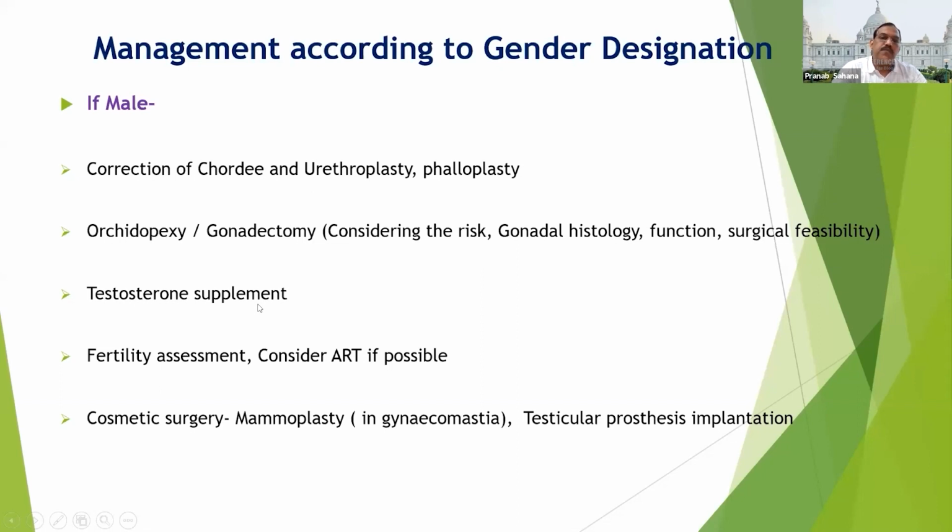Testosterone supplement is to be given if there is hypogonadism. After puberty, fertility assessment is to be done, and if possible and plausible, then ART can be considered. Cosmetic surgery, mammoplasty, can be undertaken if there is gynecomastia, particularly in some of the cases like partial androgen insensitivity syndrome or 17-beta HSD3 deficiency.